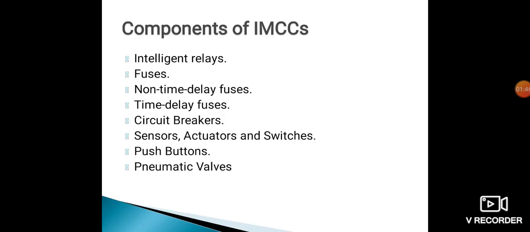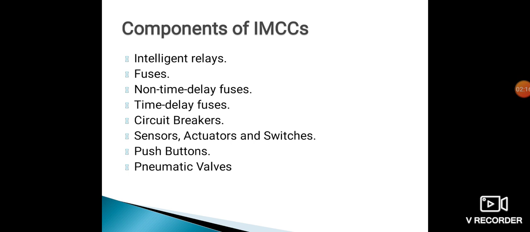The components for IMCC are first intelligent relays, fuses, no time delay fuses, time delay fuses, circuit breakers, sensors, actuators and switches, push buttons and pneumatic valves. These are the key components for the IMCC.